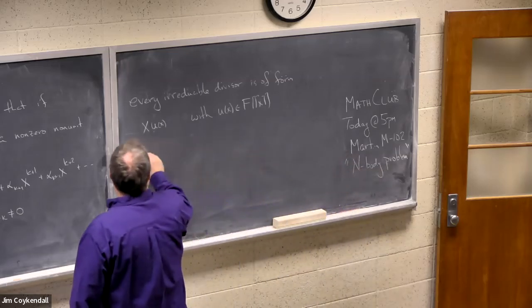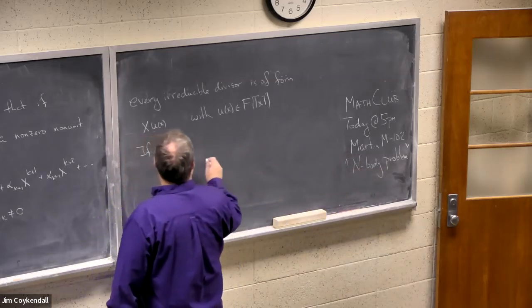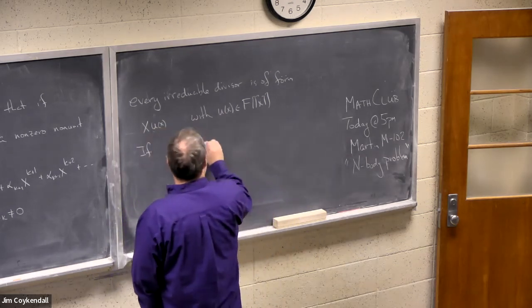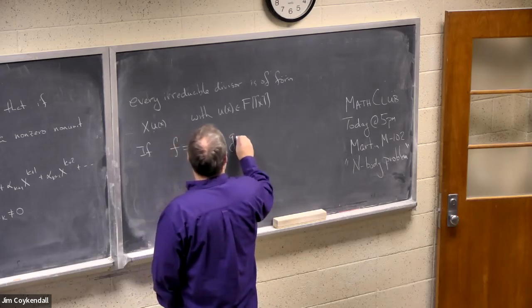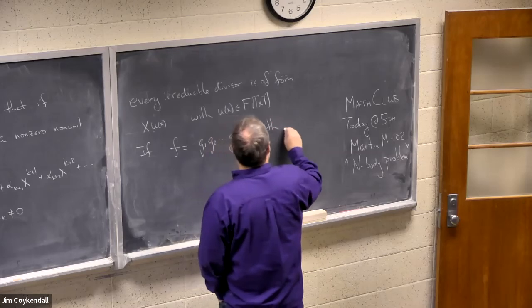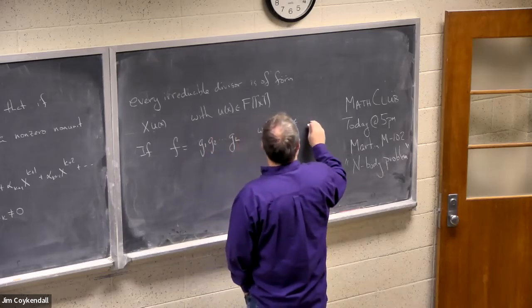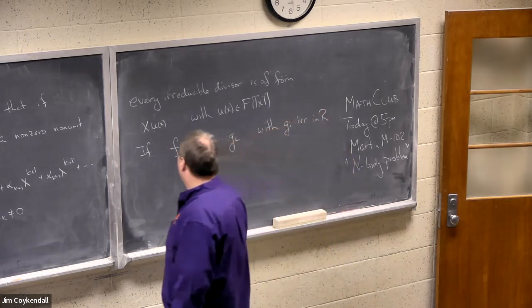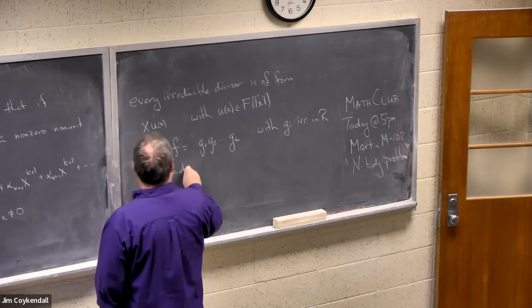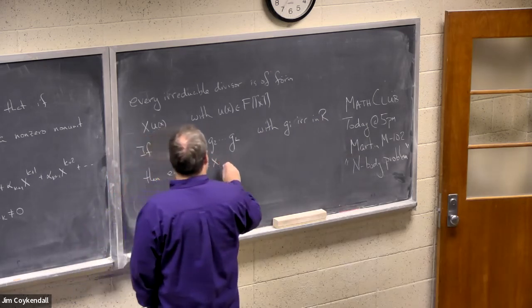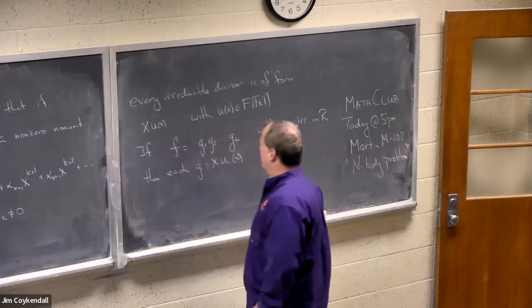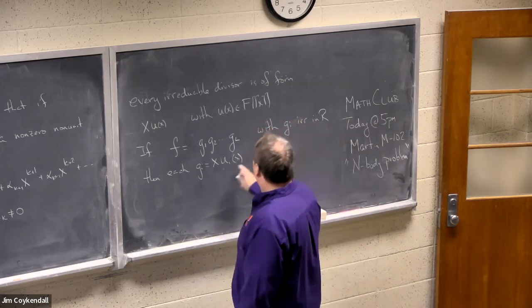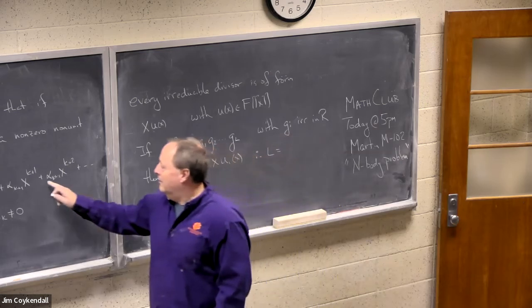So if F can be written as alpha one, let's say G1, G2, up to GL, with each GI irreducible in R, then each GI is X times a unit UI of X, which means that L should be the least degree of F.